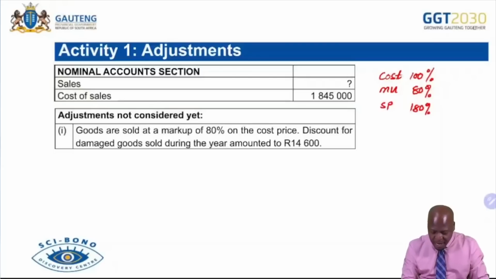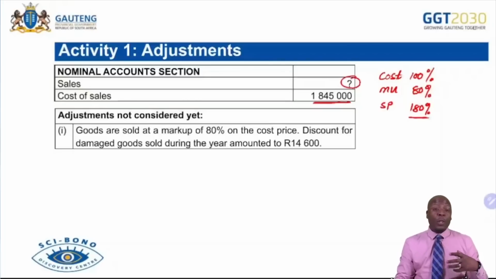Because we are given the cost of sales here, they want us to calculate sales. And in order for us to calculate sales, it is very easy, because you know that your sales is 180%. So you then use either what we call the UK method, others call it what you want over what you have, but it simply calculates what you are missing.